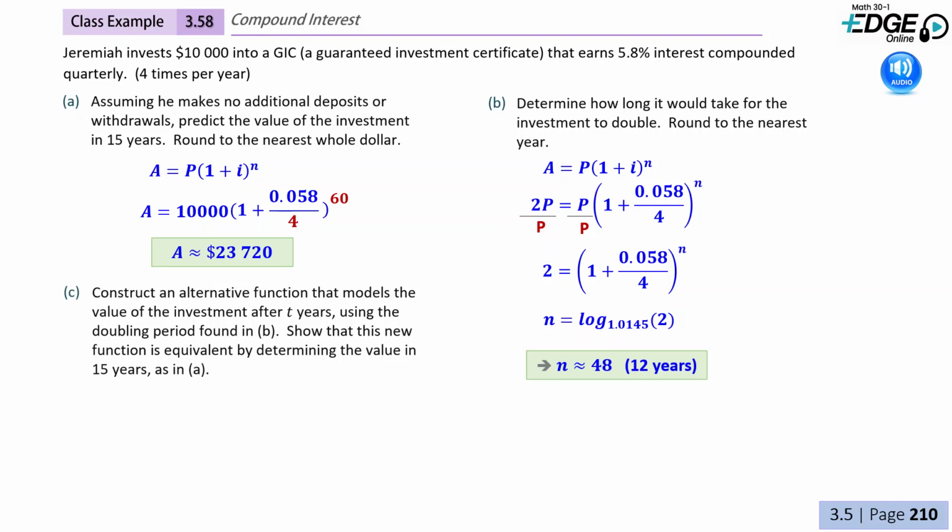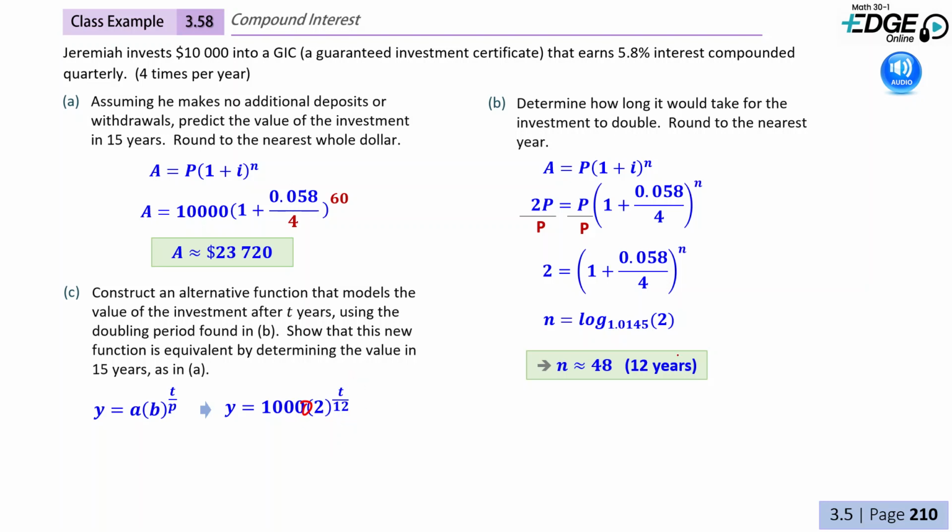C. Construct an alternative function that models the value of the investment after t years using the doubling period found in B. Show that this new function is equivalent by determining the value in 15 years. So if we start with our general growth and decay formula on your formula sheet, then we could say, well, this should be 10,000, times 2, because we're doubling, to the power of t over, and then where did this 12 come from?